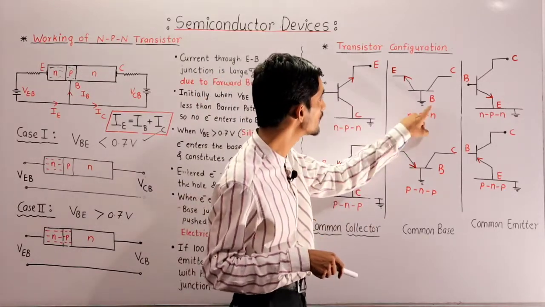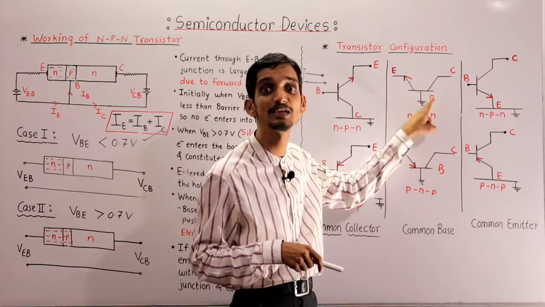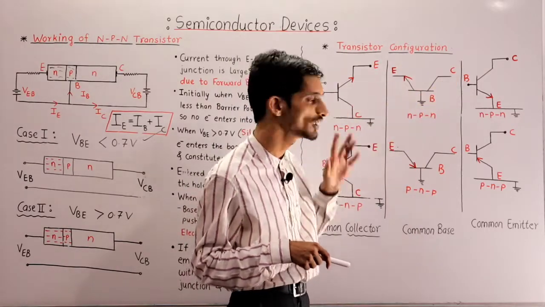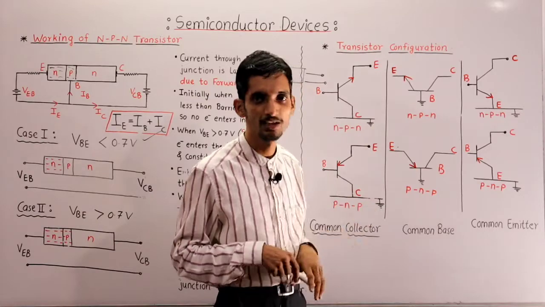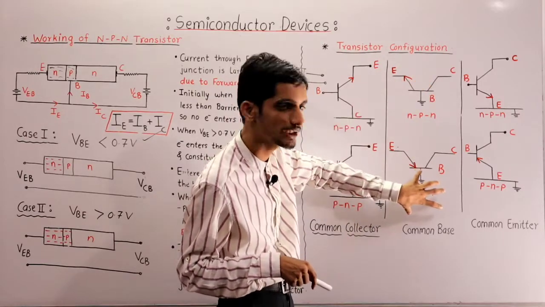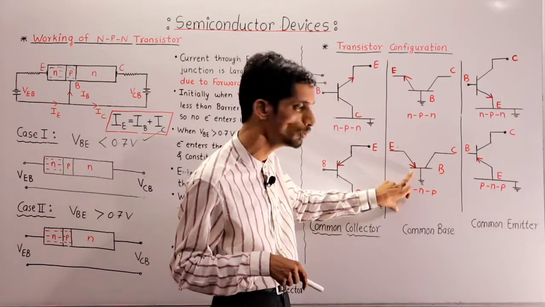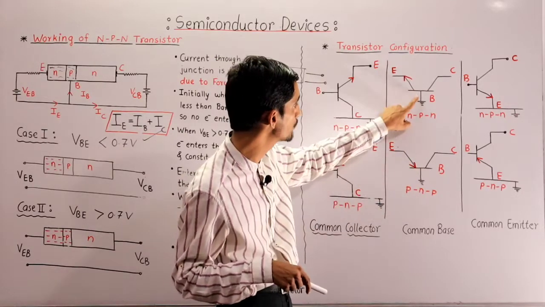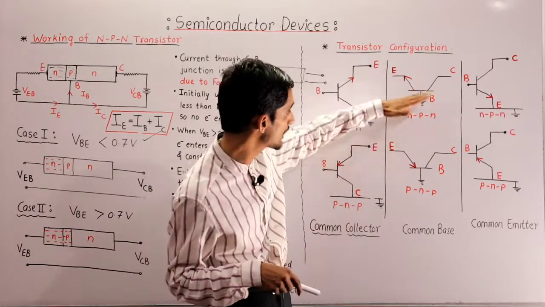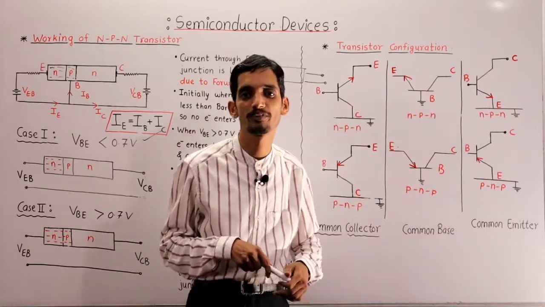Here also it is not VBC, it is VCB, that is VC minus VB. This is for NPN. If you want to draw the common base for PNP, it is the same diagram, but the arrow should be from emitter to base, and for NPN the arrow should be from base to emitter. In this manner, you can draw the common base configuration.